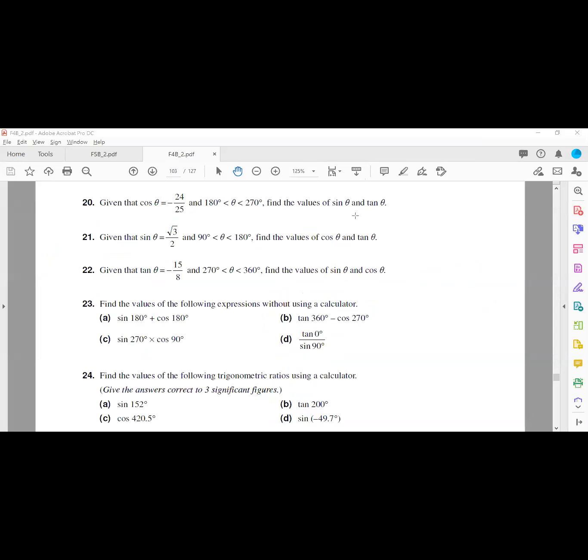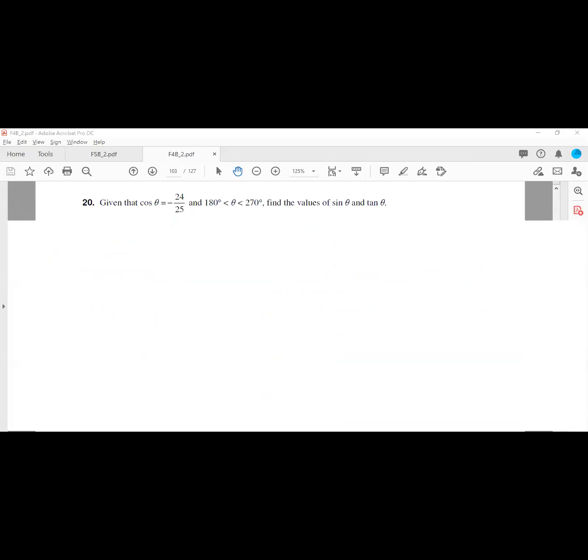Okay, number 20. Again, cosine theta is negative 24 over 25, and theta is between 180 degrees and 270 degrees. Let us find out which quadrant theta lies in. 180 is here, and 270 is here.